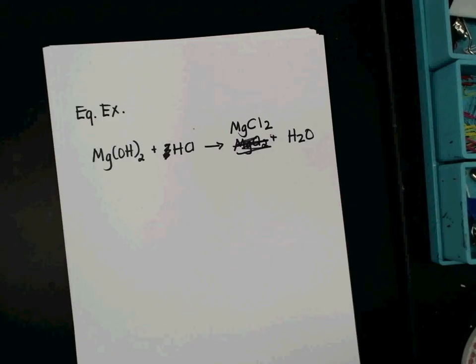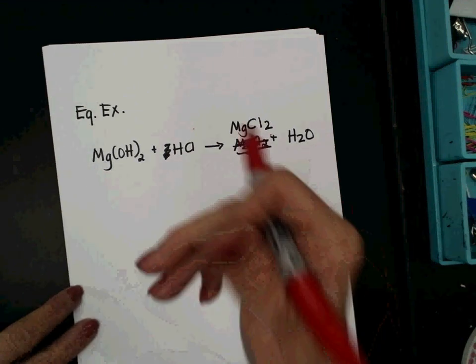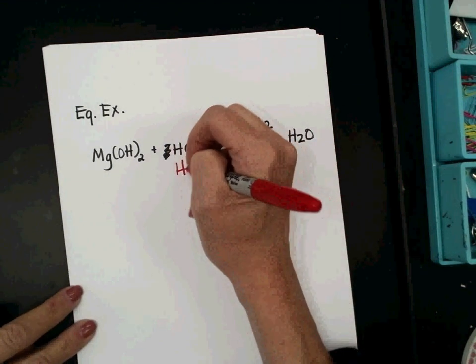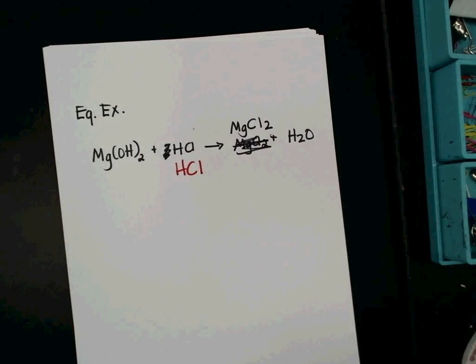MgCl2. Okay. Get that in your notes, stop there, and we'll go through it tomorrow because these take a while. And this is HCl. That doesn't look very clear either.